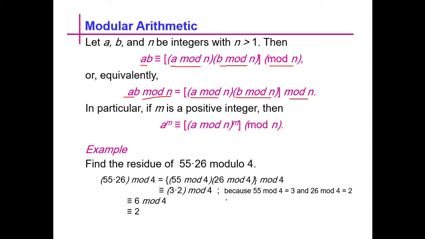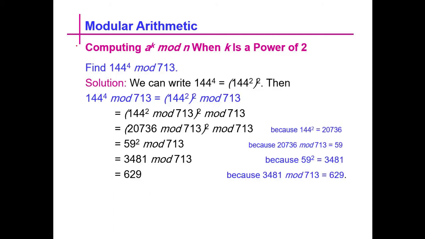So by applying the definition, we get 3 times 2 mod 4, because 55 mod 4 is equal to 3 and 26 mod 4 is equal to 2. So we have 6 mod 4, and we know that the remainder of 6 after dividing by 4 is 2.